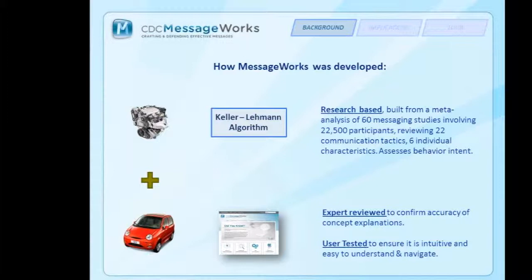We were very interested in isolating the effect of specific message tactics, because that was our goal, on either intentions to change health behavior or self-reports on changed health behaviors. And we identified 22 communication tactics and 6 individual characteristics, and that actually is the larger model. We reduced this to a more efficient predictive model, and you're going to see that in a minute on the next slide.